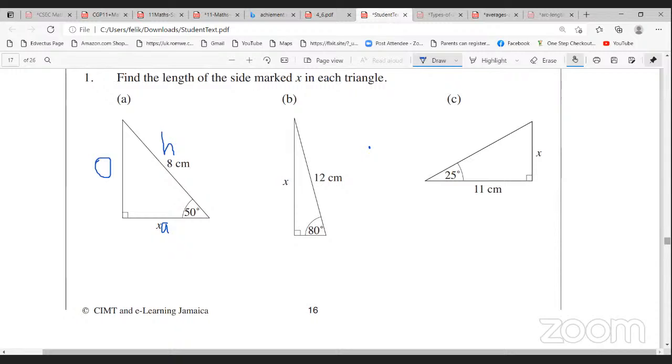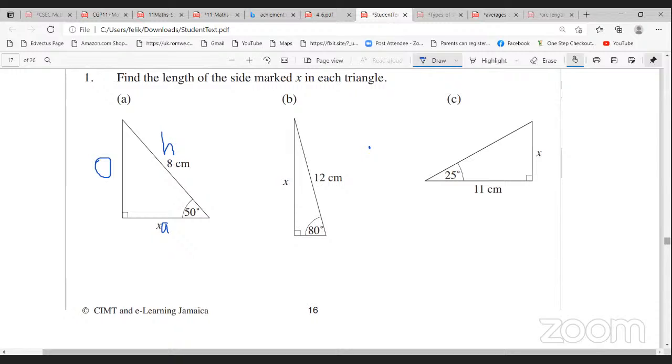We have the hypotenuse and adjacent, so this means we are given the cosine part. So we're going to use cosine.